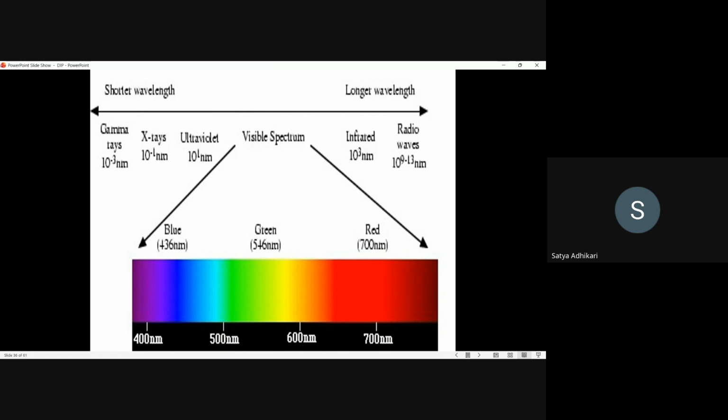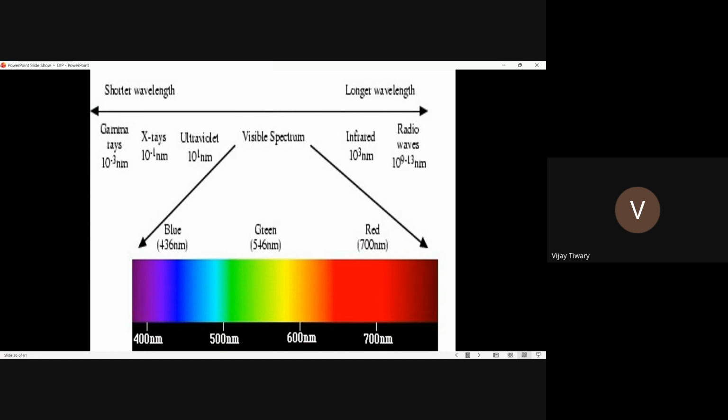After this range, 436 is exactly blue color, and 546 is exactly green color. 700 nm is exactly red color. The other colors, suppose 496, is a combination of blue and green. It lies in between blue and green.